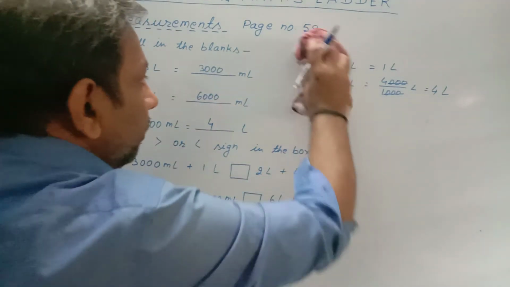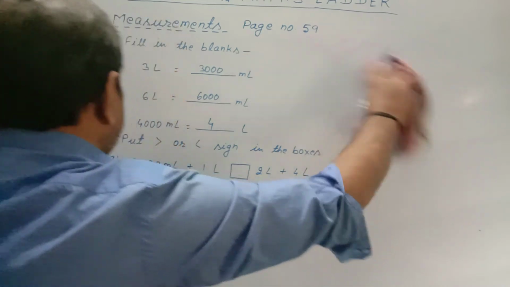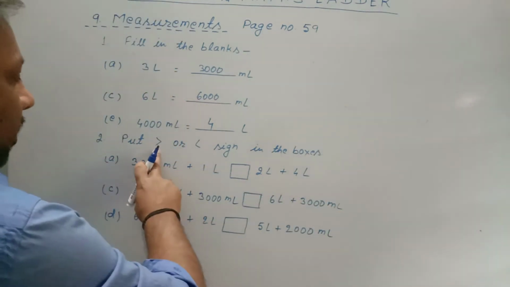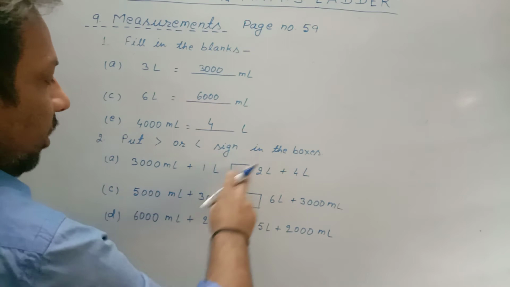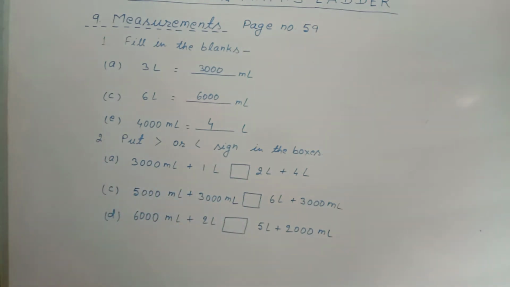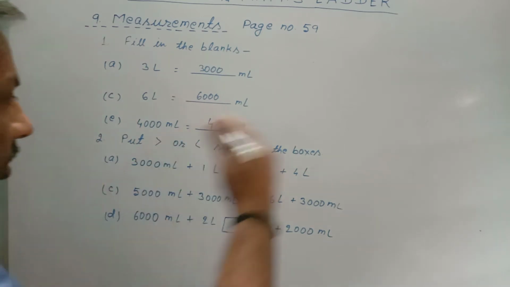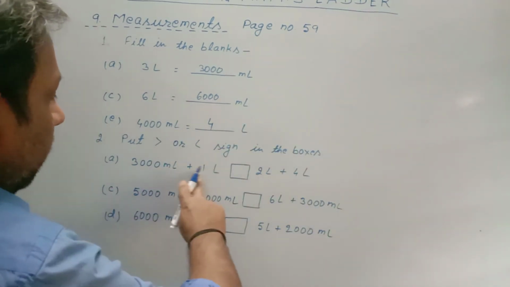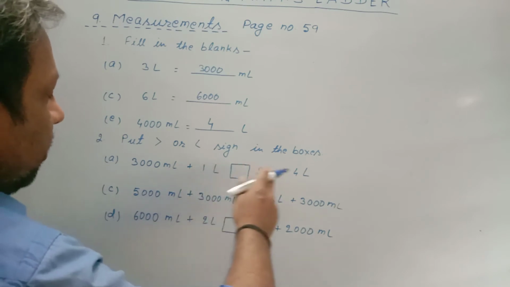Now question number 2. In question number 2, put either greater than or smaller than sign in these boxes. First is 2A, 3000 milliliter plus 1 liter, and that side, after the box, is 2 liter plus 4 liter. So this portion, 3000 milliliter and 1 liter, will change into milliliter.